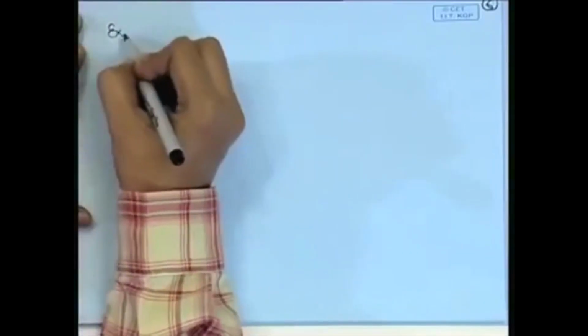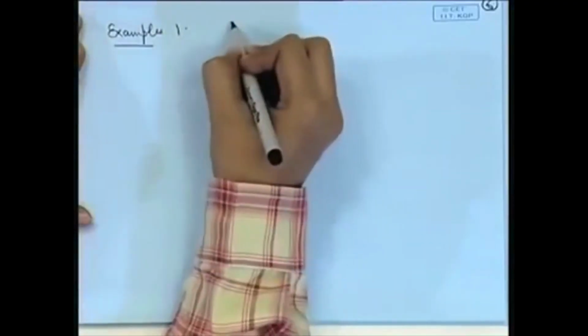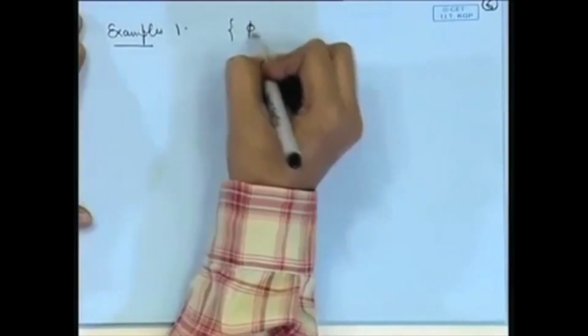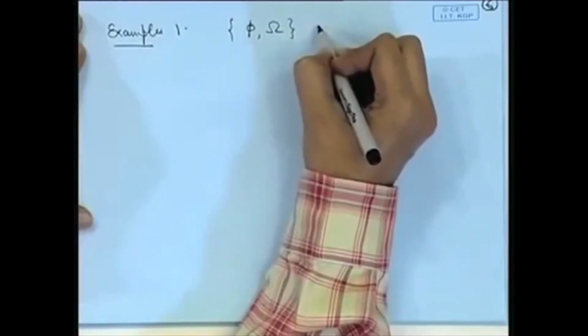Let us look at certain examples here. If I consider phi and omega, then this is the smallest algebra.